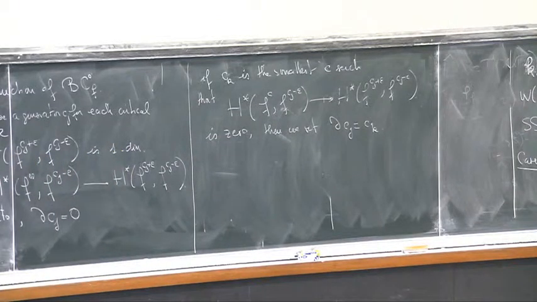Of course this respects the filtration, because it's clear that Ck is going to be larger than Cj in this situation.